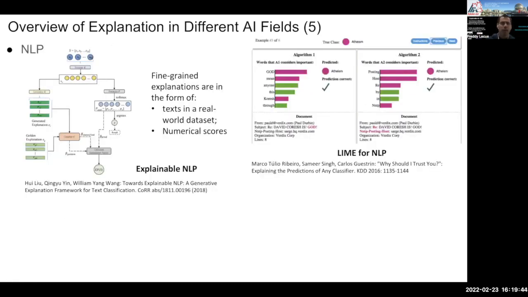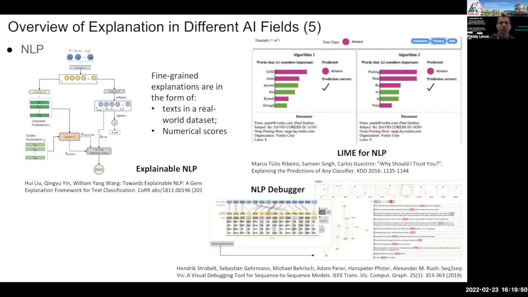NLP, well, again, I mentioned the attention mechanism, but there are techniques like LIME that could be used. There are techniques and tools, like the NLP debugger, helping understand attention between terms. So again, can you use attention mechanisms as an explanation?